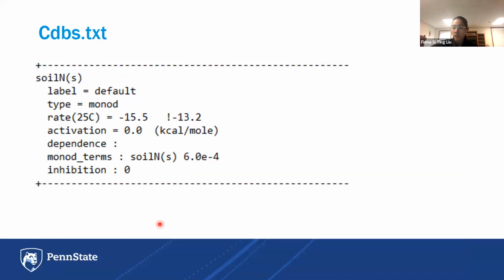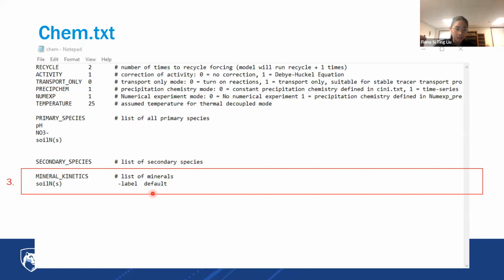Really quickly, for folks that are unfamiliar with the input files or are new to this model, we can jump into the CDBS and look at what the actual mineral kinetics looks like for the soil solid. So here is the corresponding CDBS label for the soil solid. As we can see, here is the label, which is default, which is what we indicated in our chem.txt file.